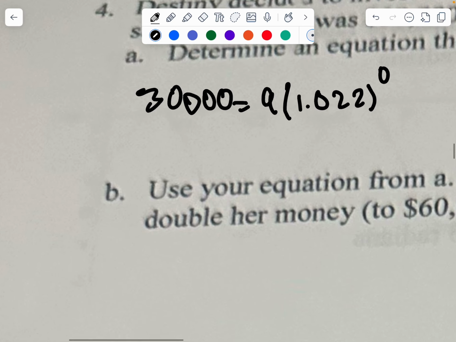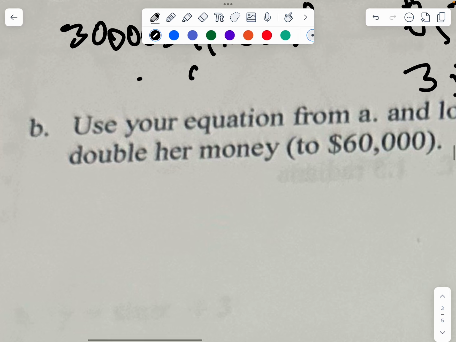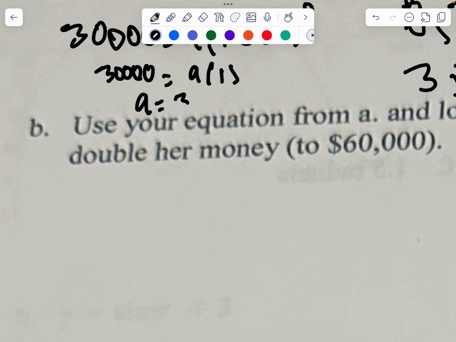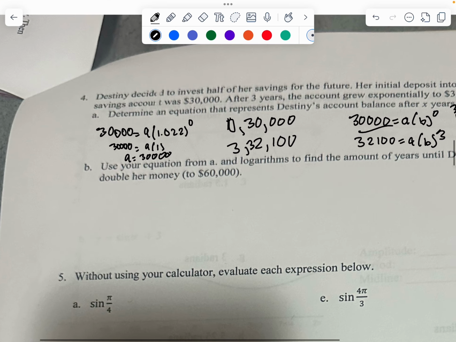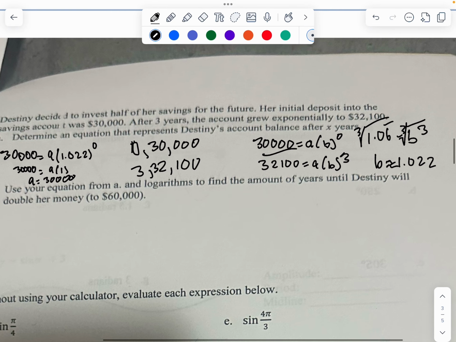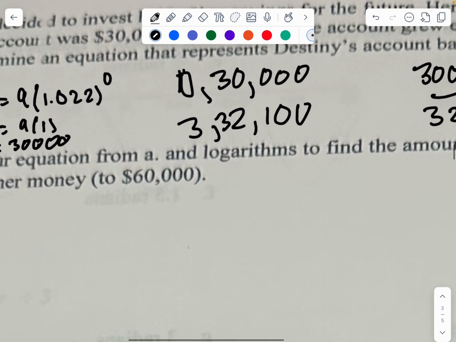Alright, and then we got 1.022 to the 0. Anything to the 0 power is just 1, so it's a times 1 equals 30,000. So a equals 30,000. That's pretty obvious to figure out. A is the initial value, and it says initial deposit is 30,000.